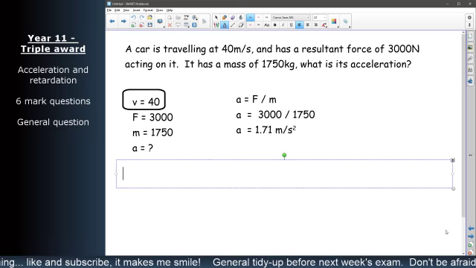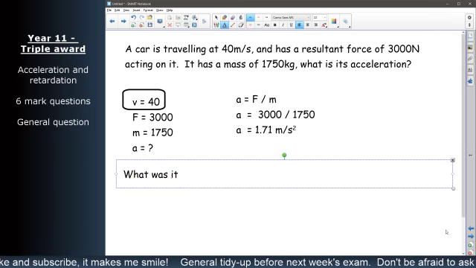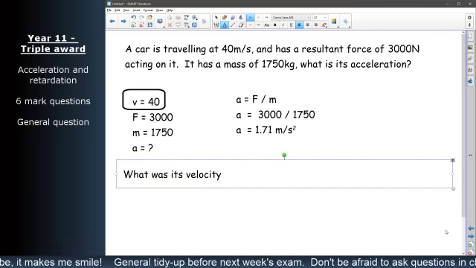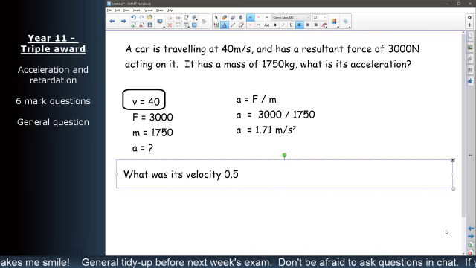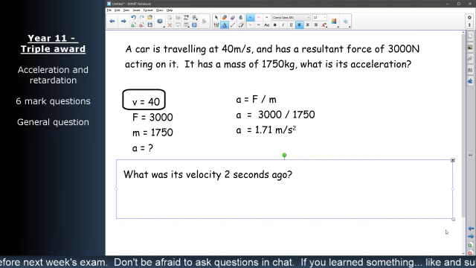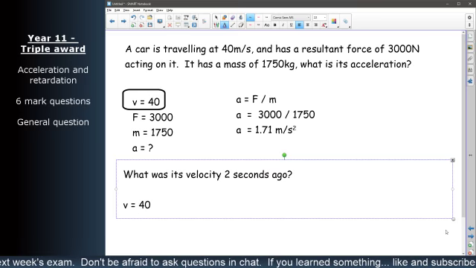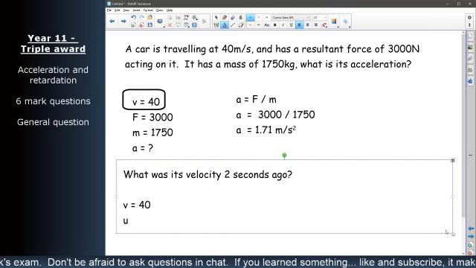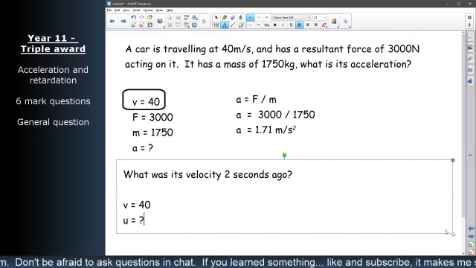So what was its speed, or its velocity, 2 seconds ago? Let's do 2 seconds ago. So we definitely have V equals 40, because we're looking to find what was its initial speed, its speed in the past.